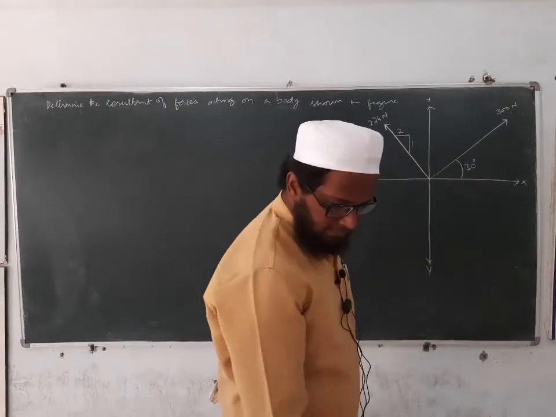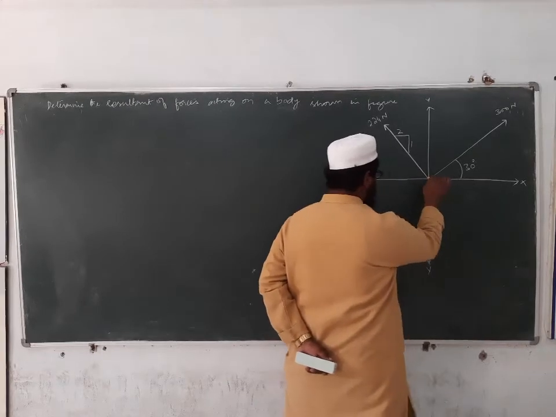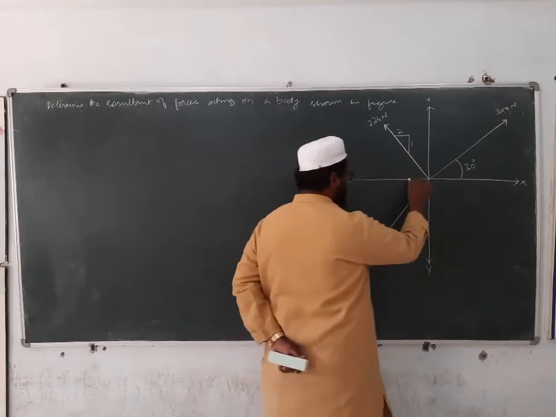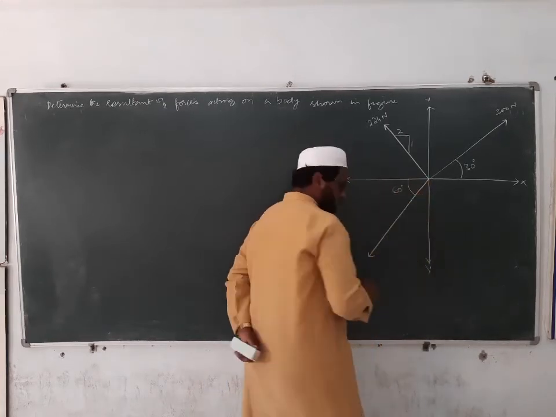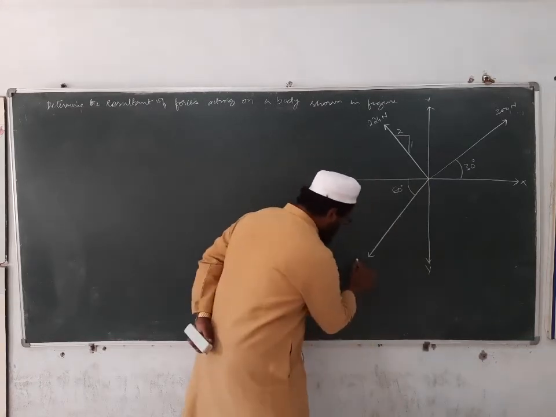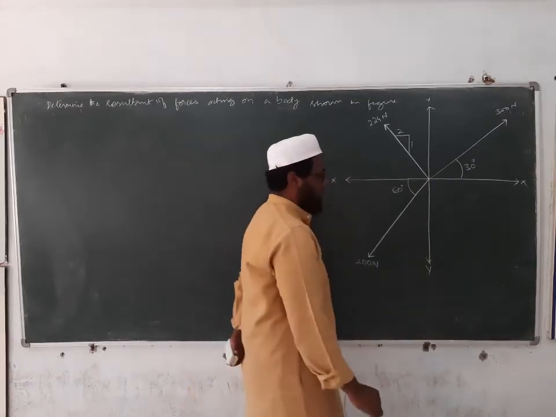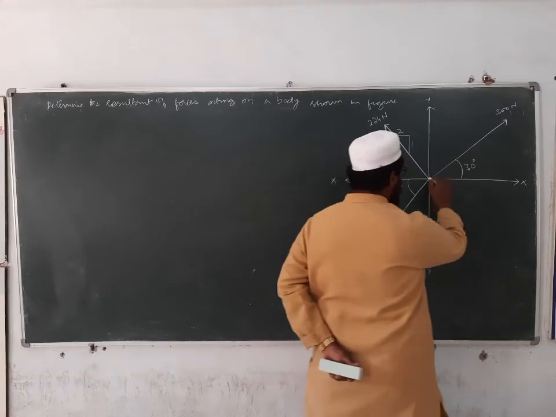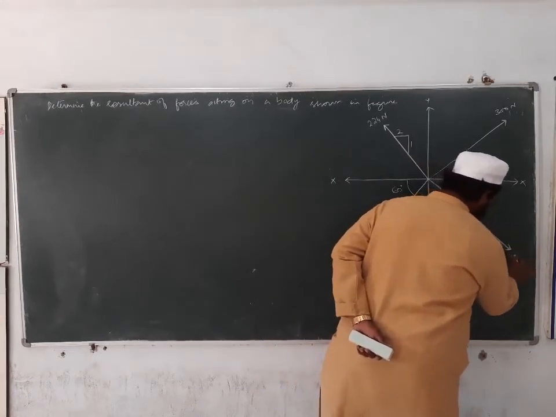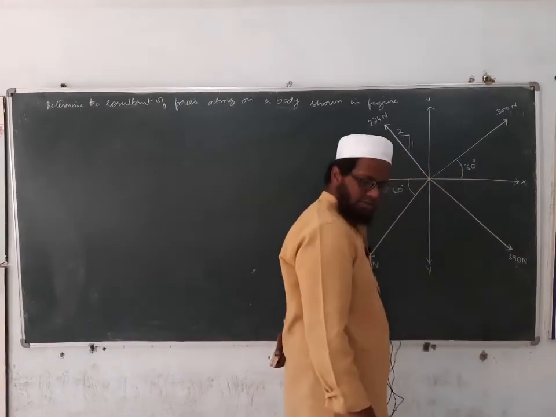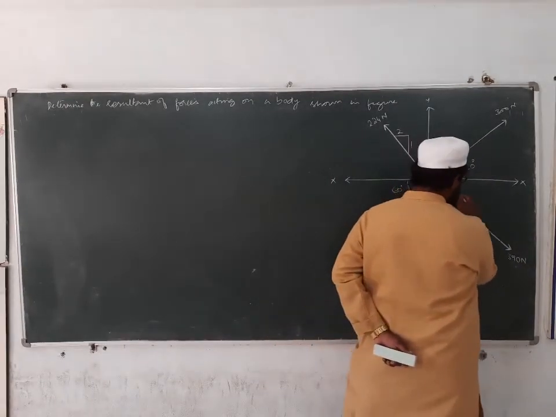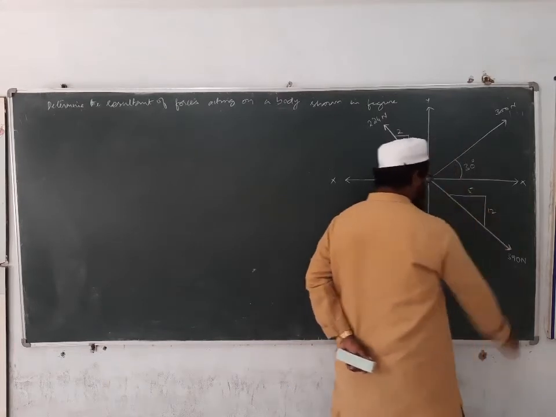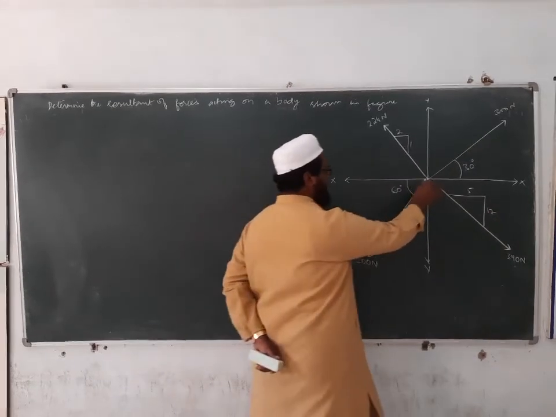Okay, and another force which is acting in third quadrant, and this angle is 60 degrees, and magnitude is 200 newtons, and another force is 390 newtons, and the angle is 5 by 12. Okay, these are the forces acting on a body.